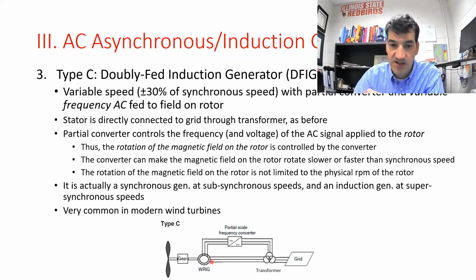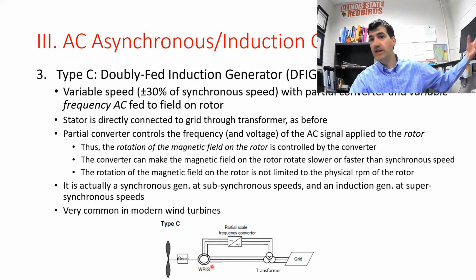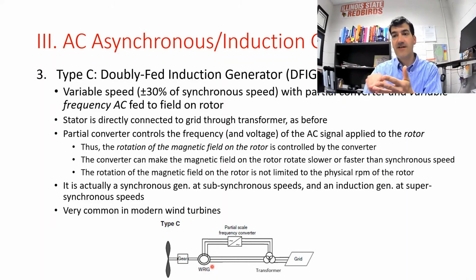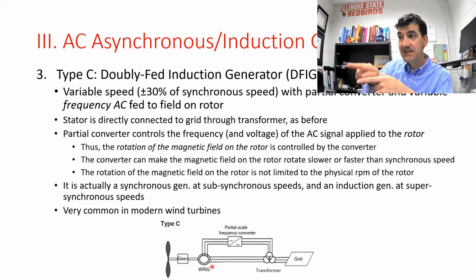So the magnetic field is rotating around the stator here at 1200 RPM. But we don't know what our wind speed is doing. So we would like to allow for a rotor speed that is variable. We don't want to have to operate at 1200 RPM. We want to operate at variable speed. We can do that because we can control the rate that the magnetic field rotates around on the rotor.